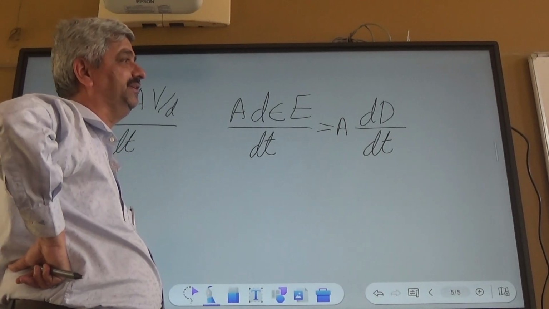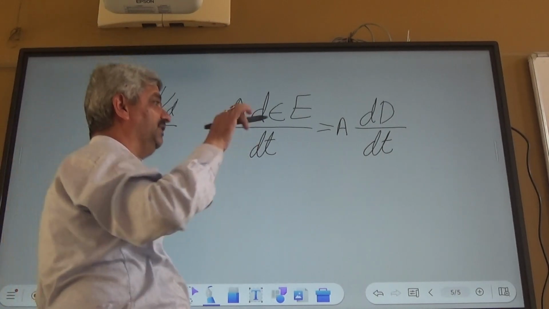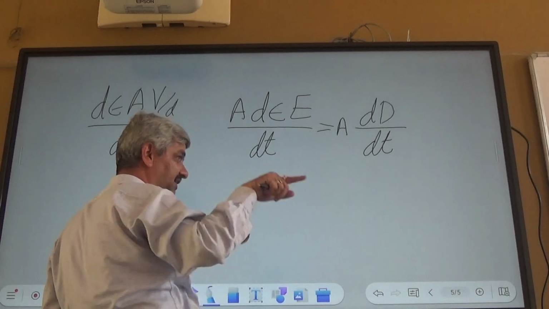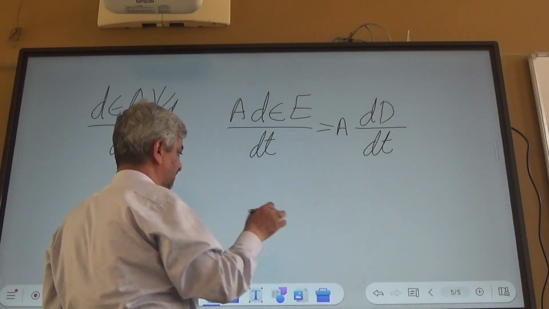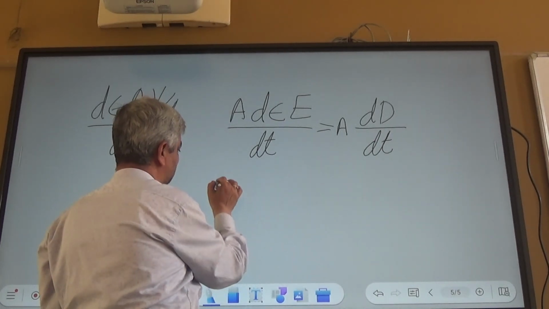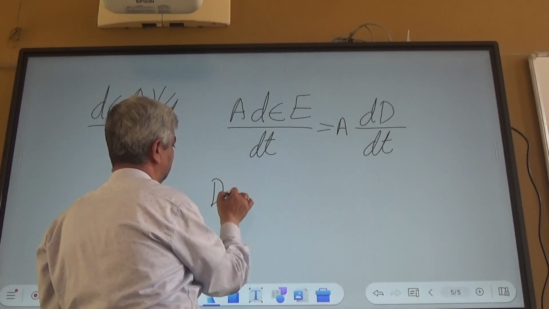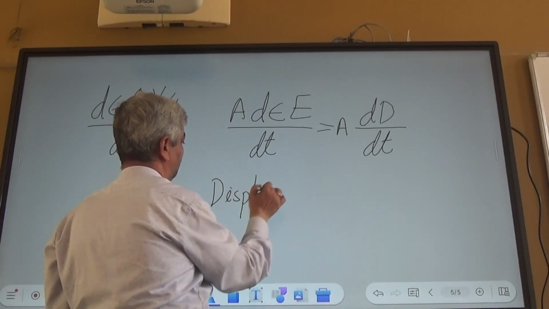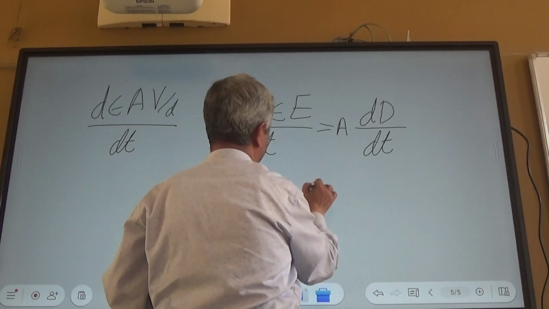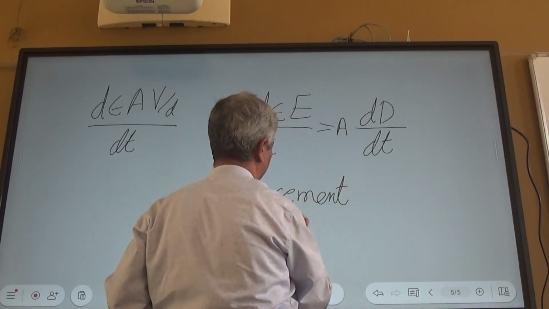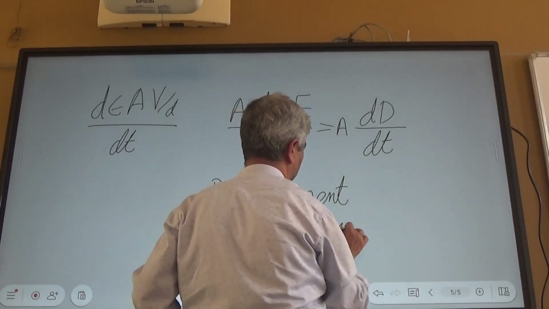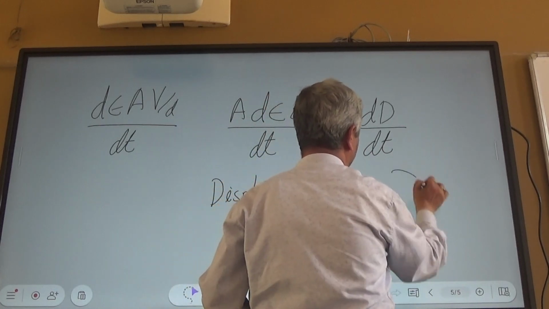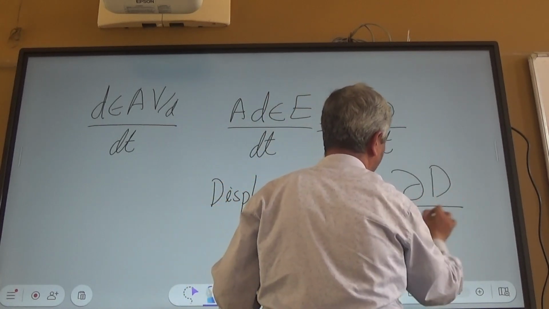So this leads to keeping other things constant. So displacement current, how you get it to the final formula, you look now, is equal to delta D by delta t.